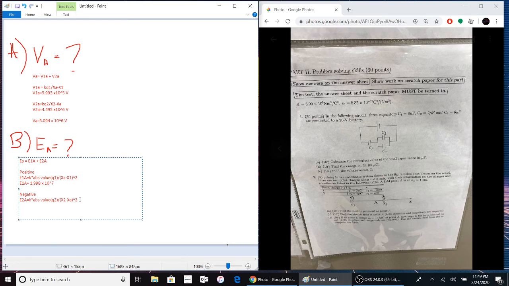And when we go ahead and put this in, we get E2A equals negative 4 point, sorry, I take that back. Comes out to, I'm looking at a big sheet of paper here, 4.495 times 10 to the third. Now we have to find EA.